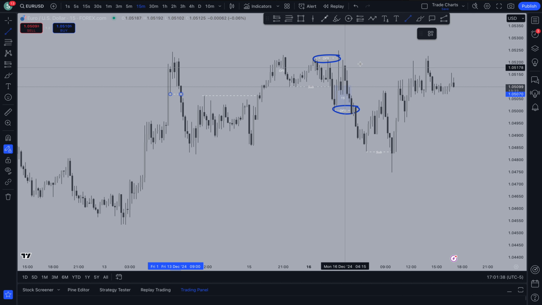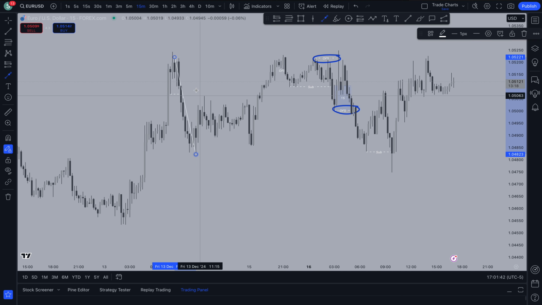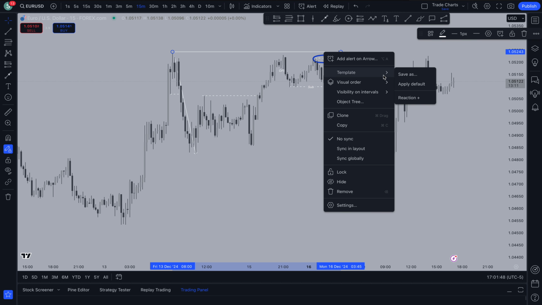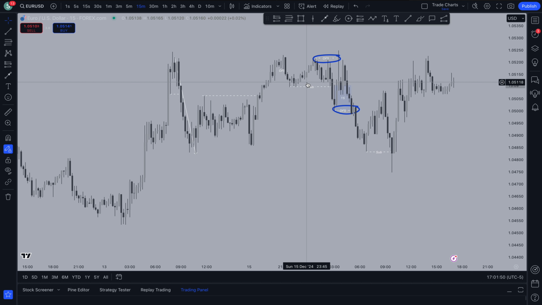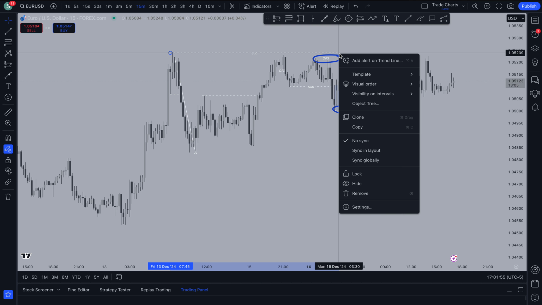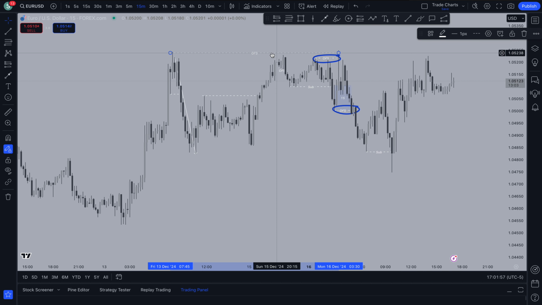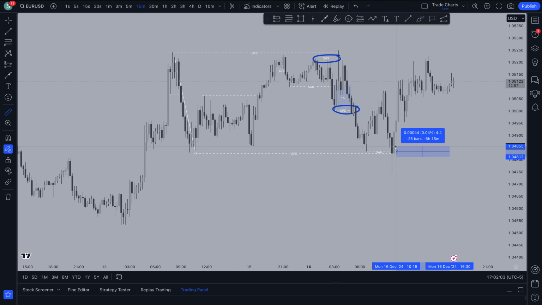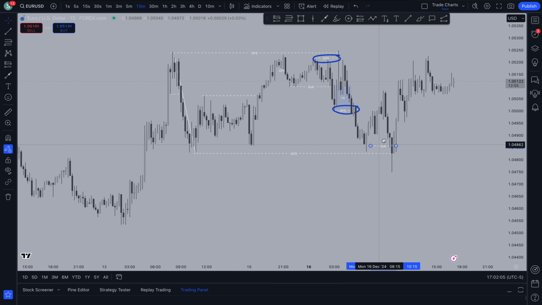If you're gonna consider this as a higher leg, you're within structure here, right? So that means you got an order flow shift to the upside. You also got an order flow shift to the downside. And then you got an ISB to the upside.